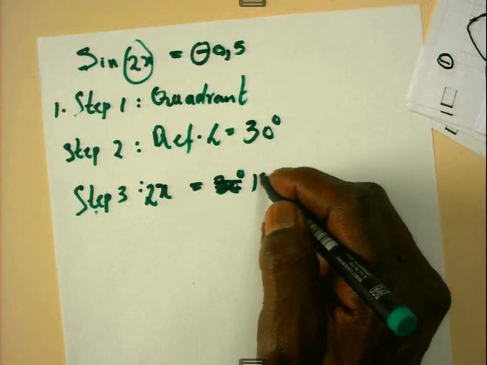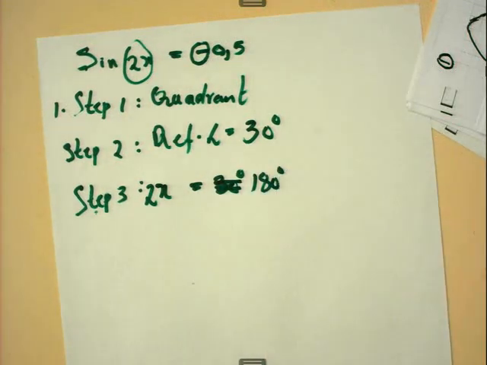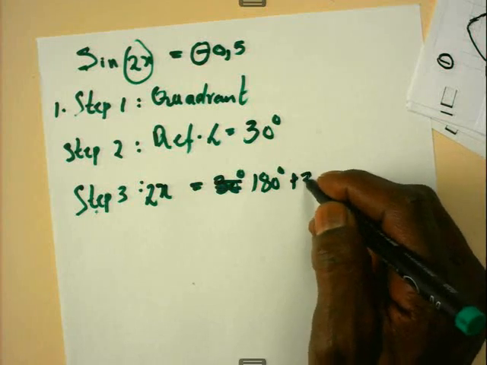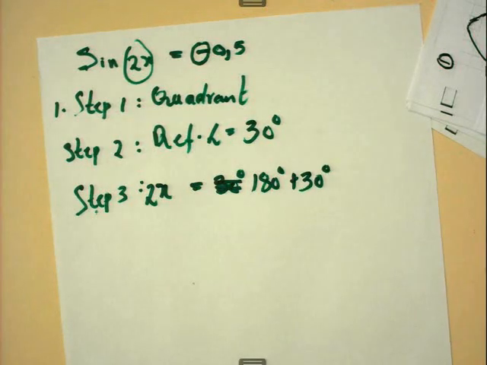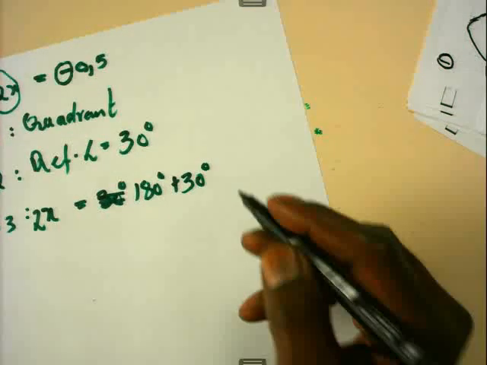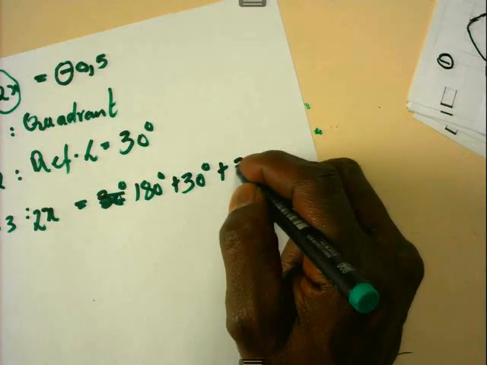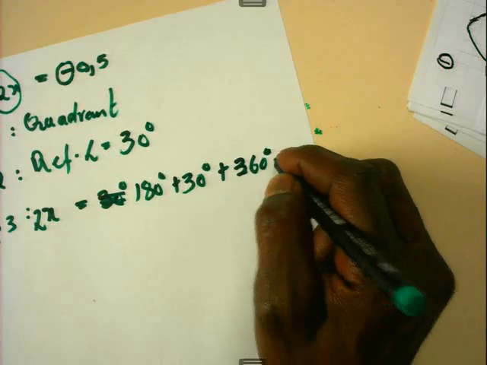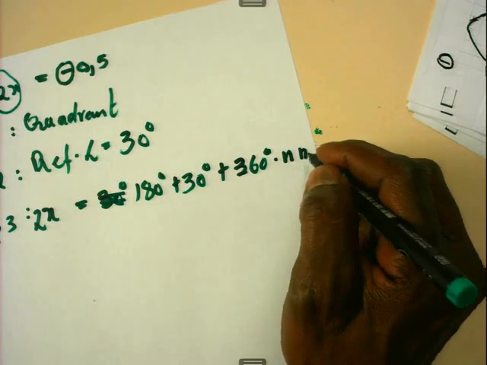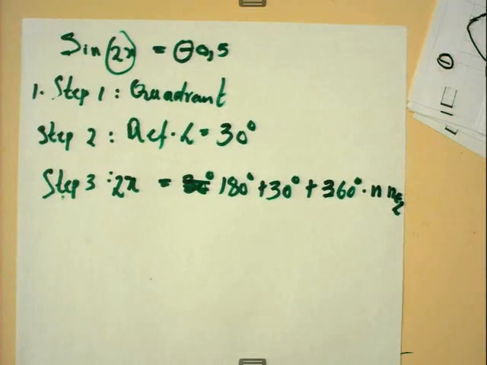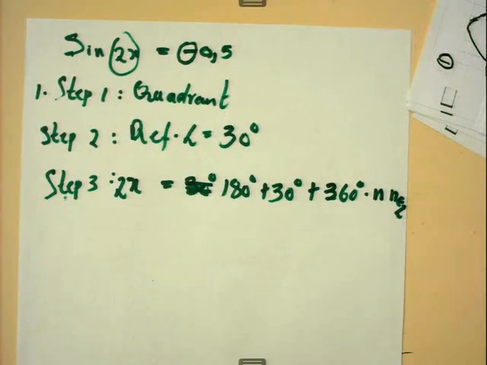That is 180 degrees. I'm writing not what I'm saying. 180 degrees plus 30 degrees. Now that we are there, we can rotate, and that will be plus 360 degrees times n, n being an element of integers.